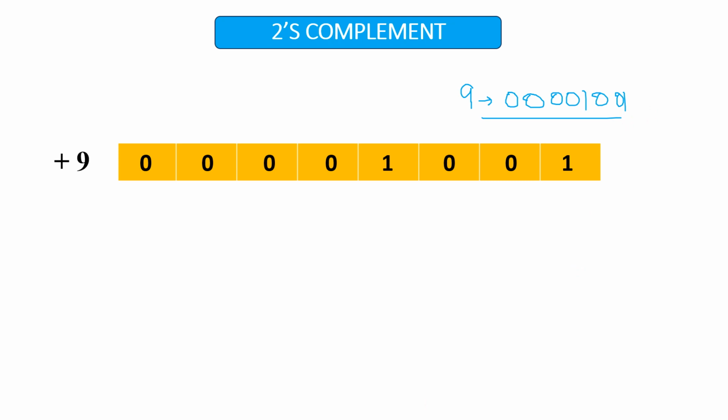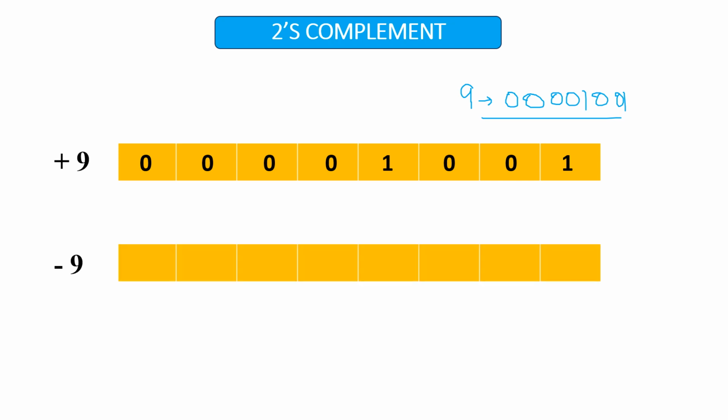And if we want to represent a negative number, for example minus 9, what you do here is, first you have to find the 2's complement of the true binary number. To find it, first you find the 1's complement of this number, then add 1 to it, so you get the 2's complement.